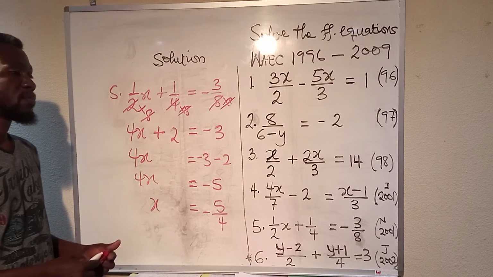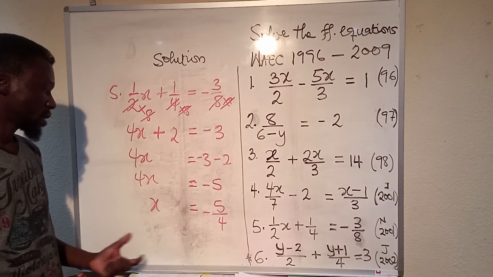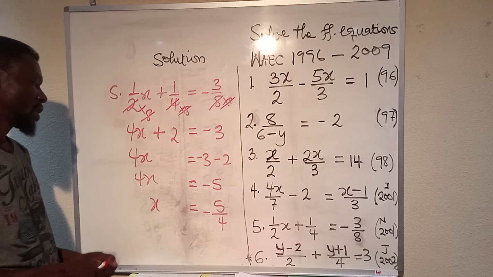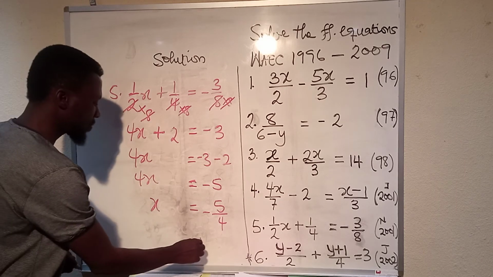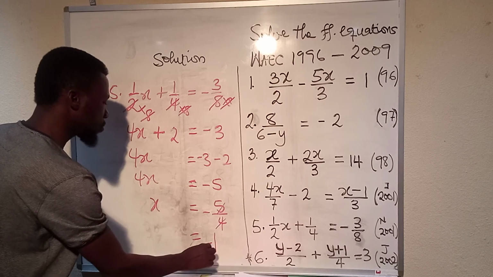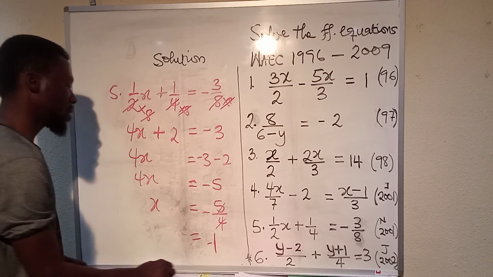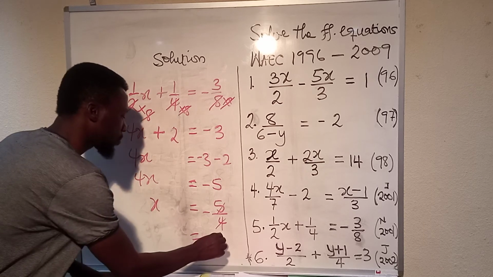We can write it as a mixed fraction. If in case this is a multiple choice question, you don't see 5 over 4, then perhaps you will see the mixed fraction form or the decimal form of it. The mixed fraction form could be written as 4 into 5 is 1, you put your negative there, a remainder of 1 out of 4.